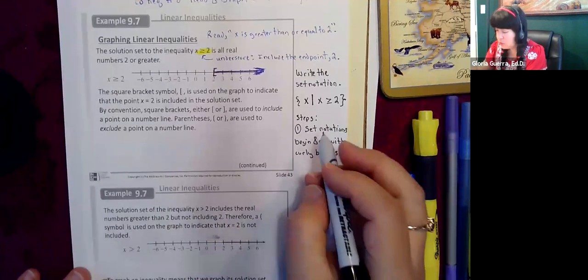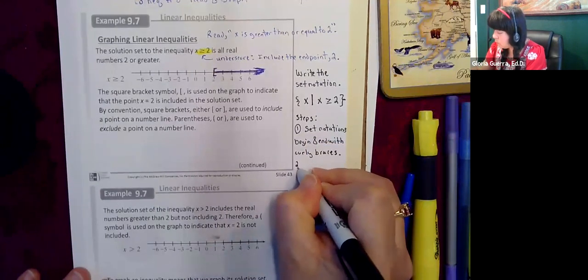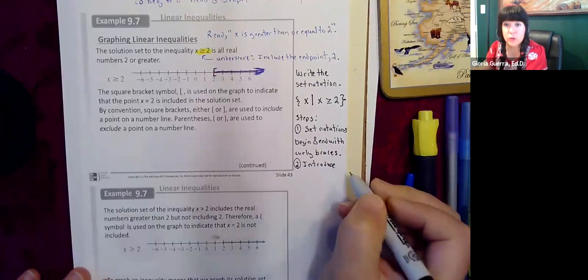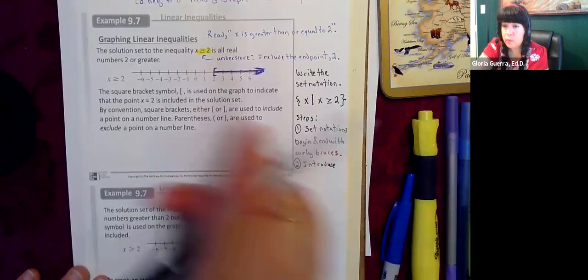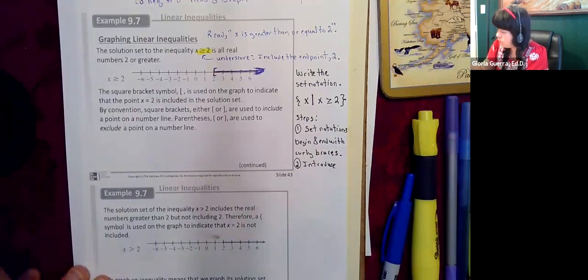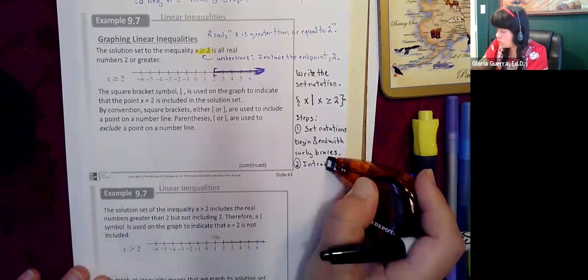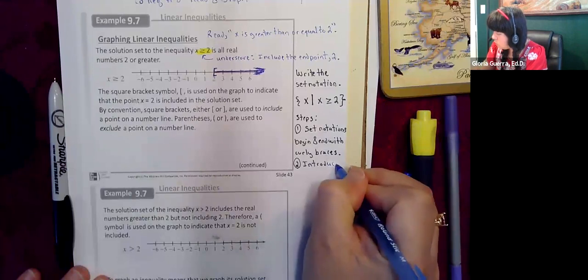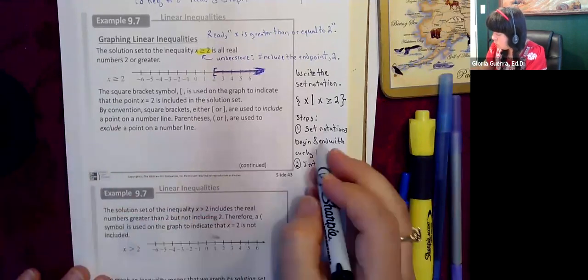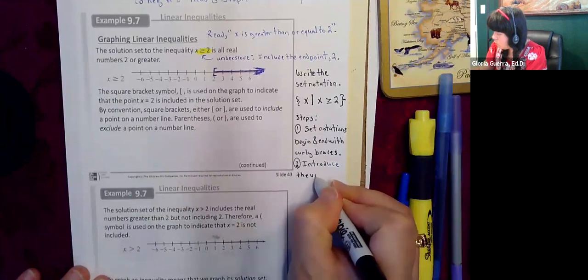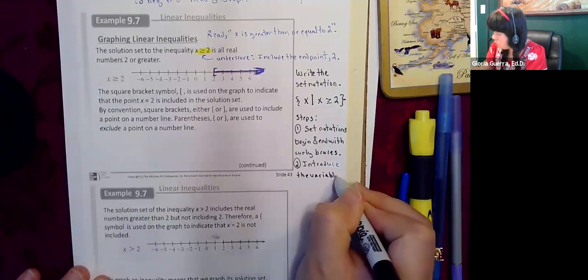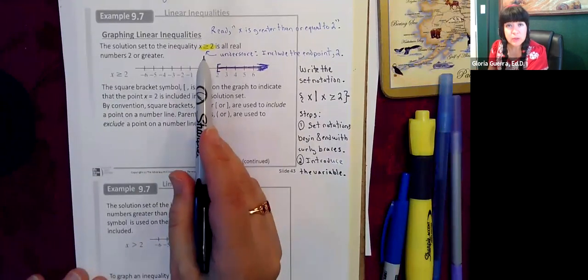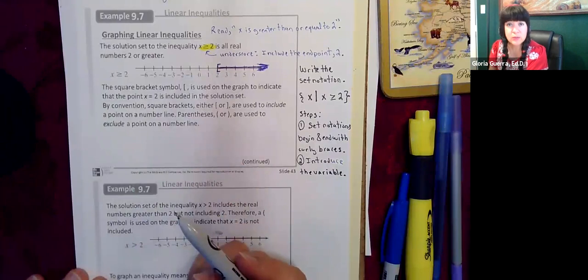And then you introduce the variable. In this case, we're talking about X. Sometimes you talk about different letters, W's, Y's, M's.